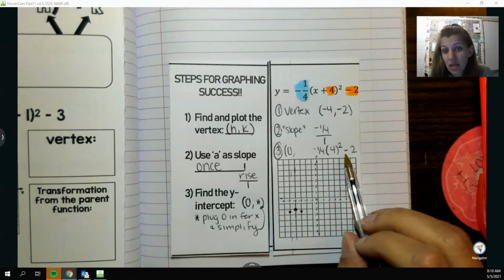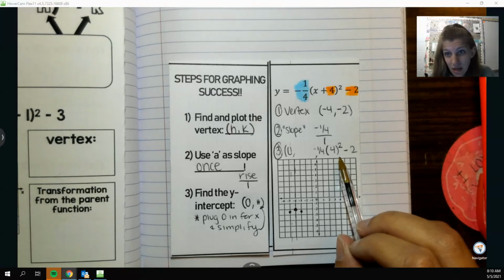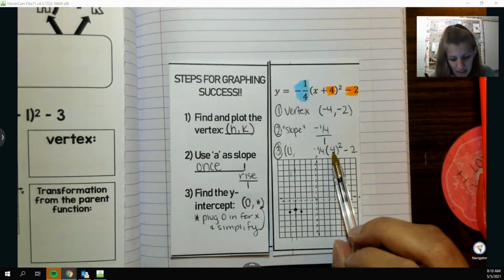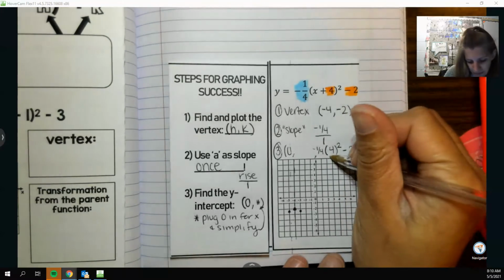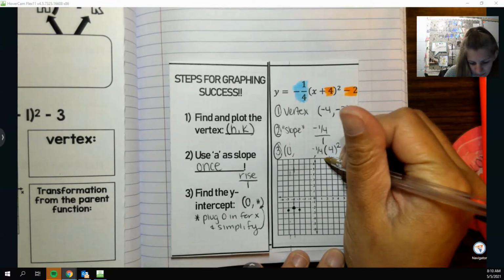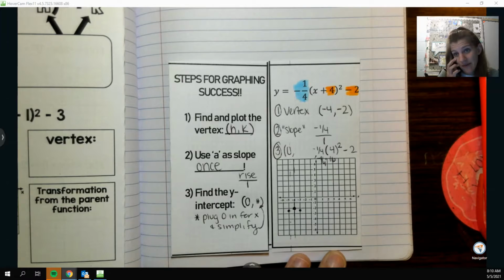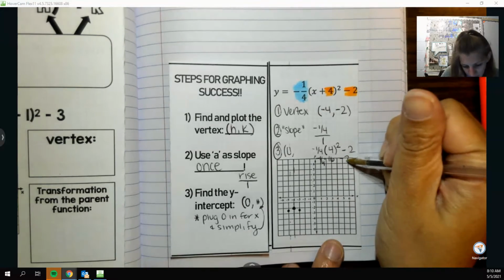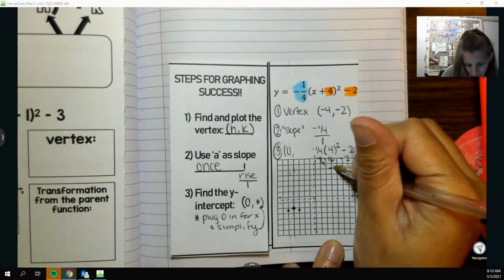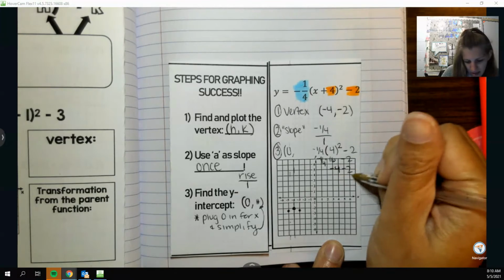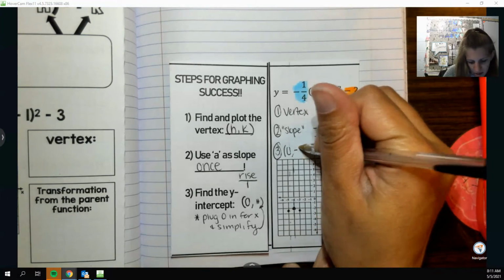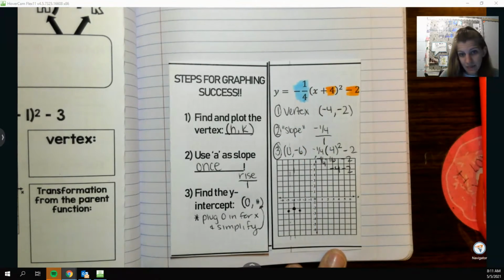And so I just need to multiply all this out by following good order of operations. 4 squared is 16. And then that's being multiplied by -1/4, which is really just like dividing by 4. And so we'll have -4 minus 2, which gives me a y-intercept of -6.